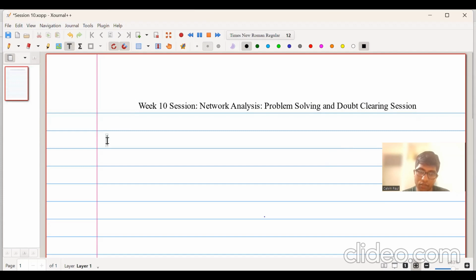The main thing which we are going to learn is about two-port networks. The subject name is network analysis, and we will show a network which has two ports. We will look into the various parameters which can be used.